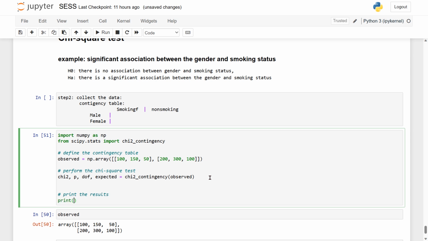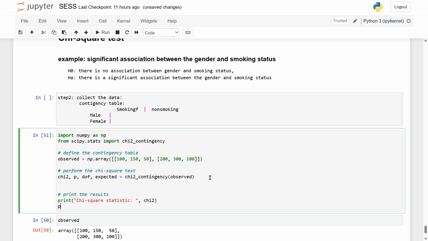So print chi-square statistic, this is chi-square. Next, print p-value is p.